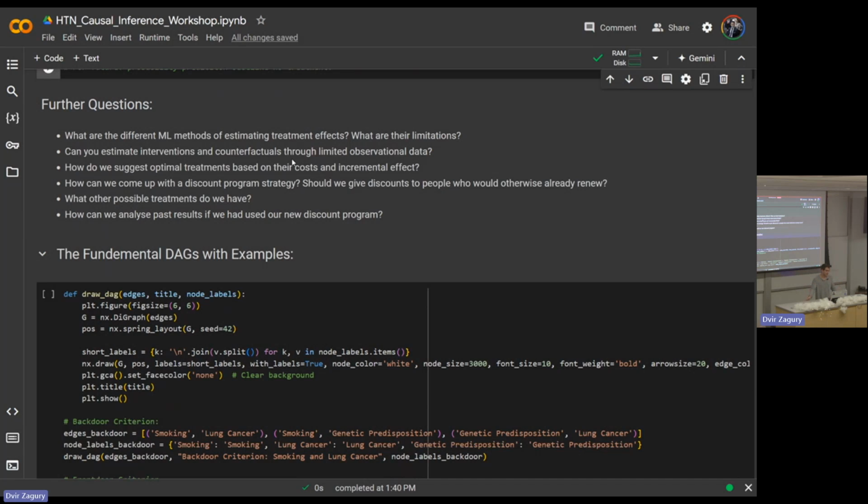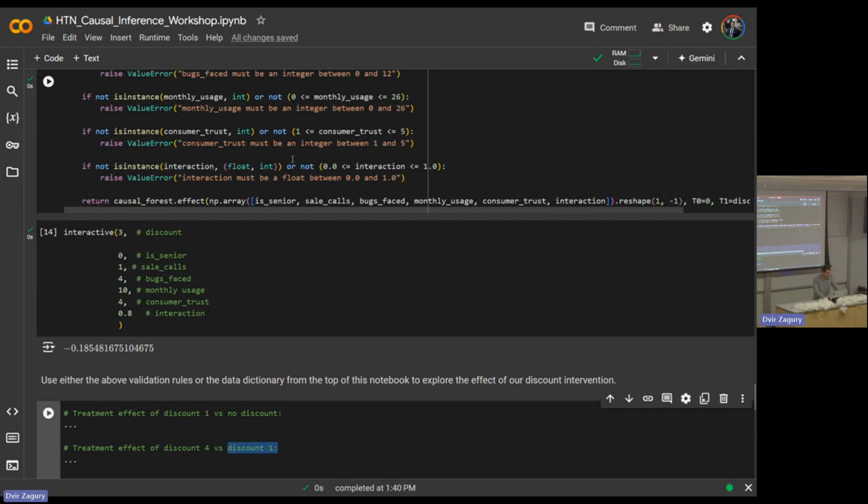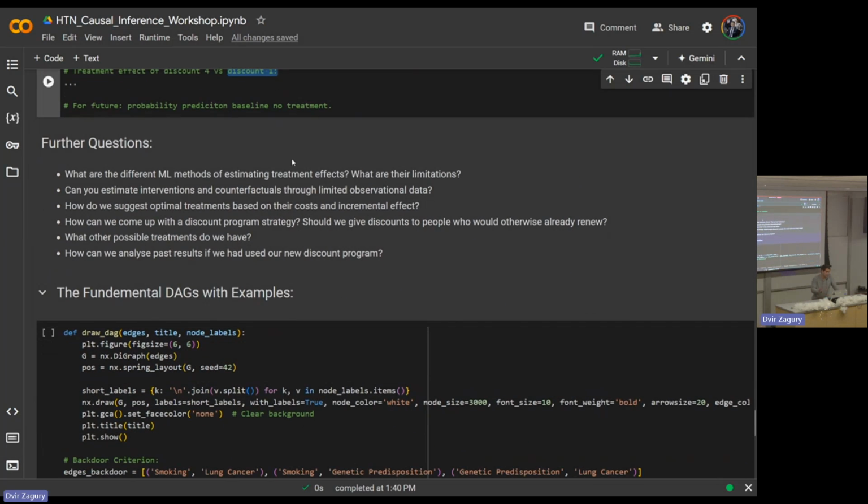Those are strategic questions you can ask. Then what other possible treatments do we have? We saw that interaction levels were also treatable, and so we can mess around with those and do some sort of interventions and see how that affects our renewal rates.